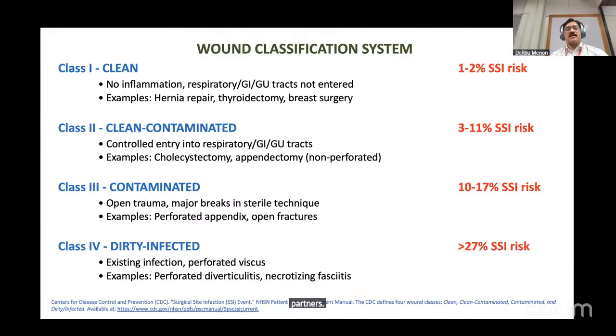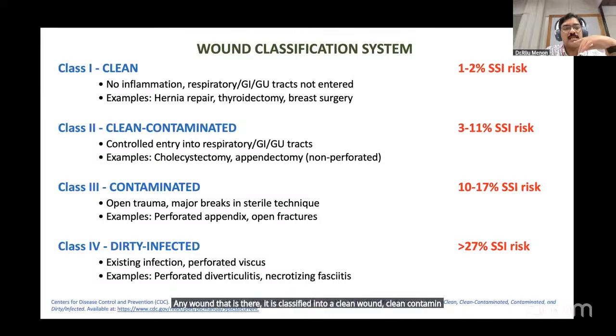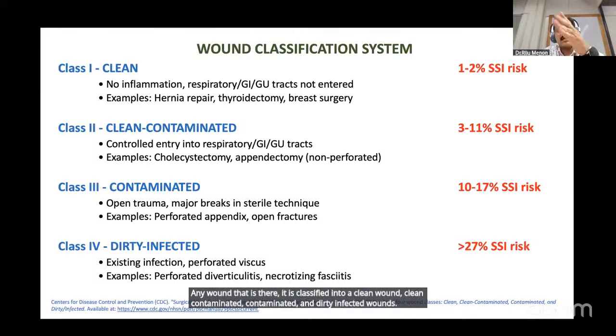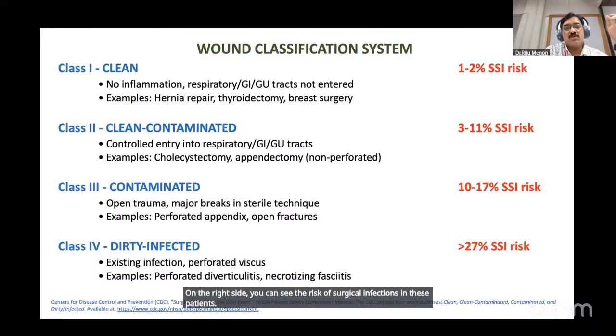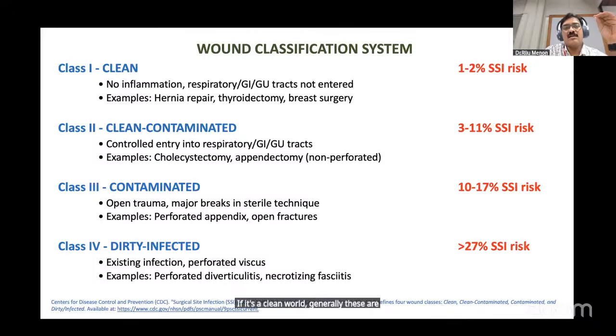The CDC has also classified the wounds. Any wound that is there is classified into a clean wound, clean contaminated, and dirty infected wounds. On the right side, you can see the risk of surgical site infections in these patients. Clean wounds are generally surgeries involving the skin and the soft tissues alone.